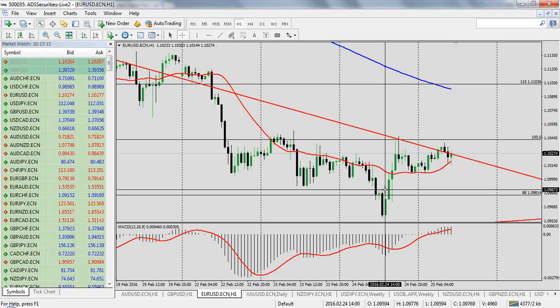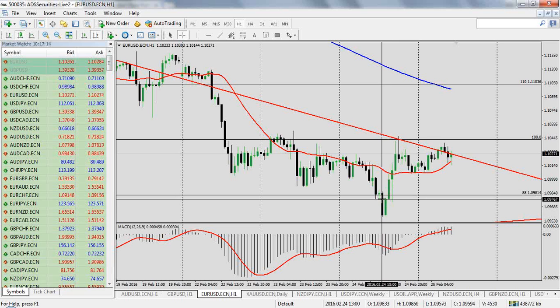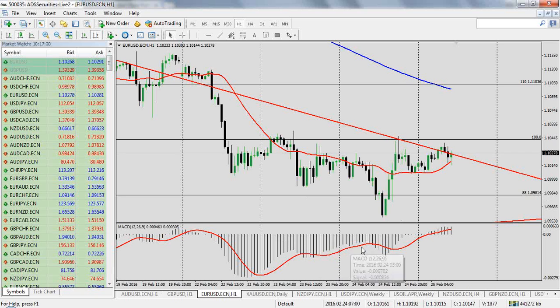So we saw that the market went down, penetrated the 1.0980 level, but based on the moving average convergence divergence, which is MACD, we also noticed that the market is not really moving in a bearish direction.